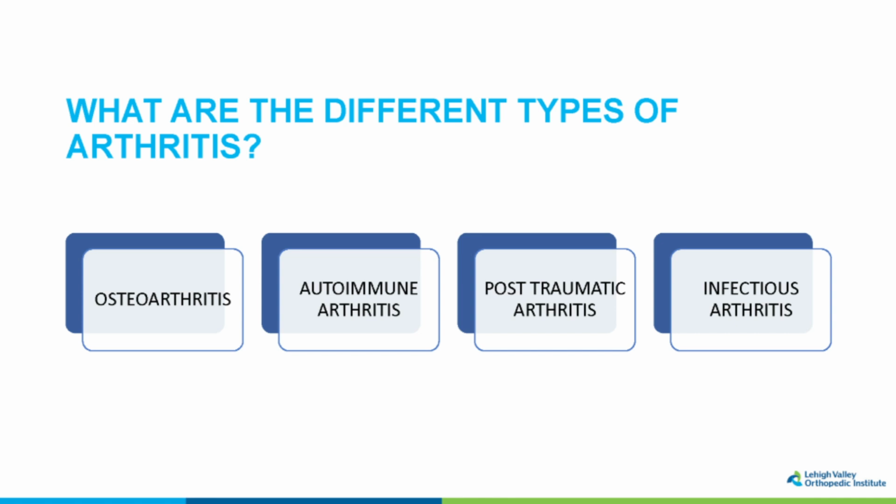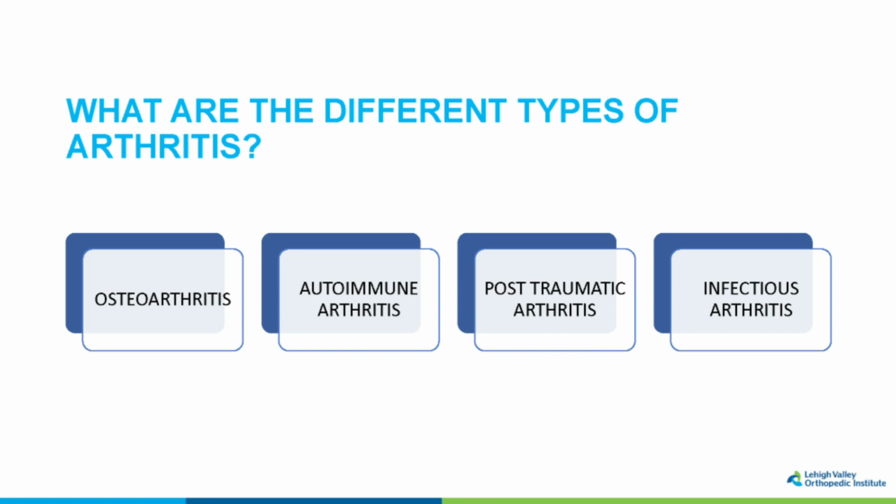Post-traumatic arthritis is exactly how it sounds. Any type of injury or fracture that you may have had around a joint over time causes that articular surface to wear away. And then there's infectious arthritis, or what we call septic arthritis. That's a more rare type of arthritis that we see from time to time, where the infection starts to eat away at the articular cartilage, leading to arthritis at the joint level.